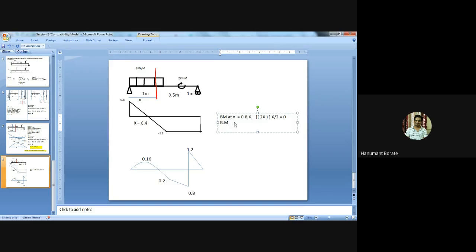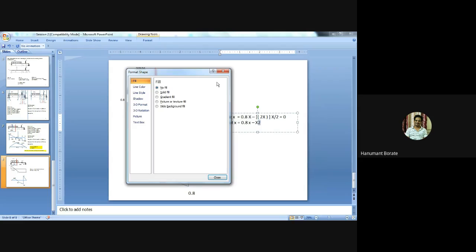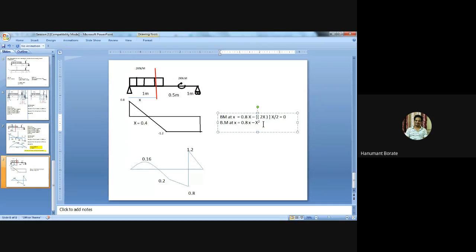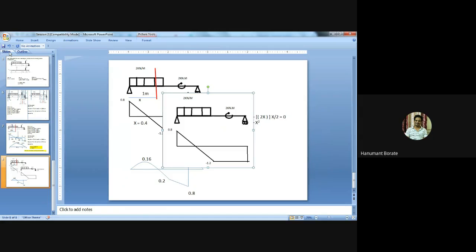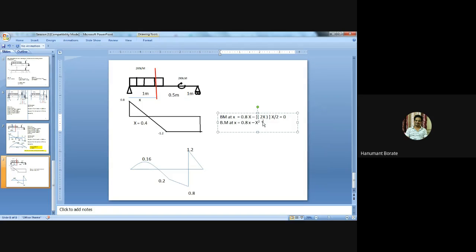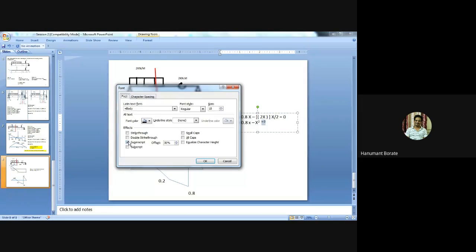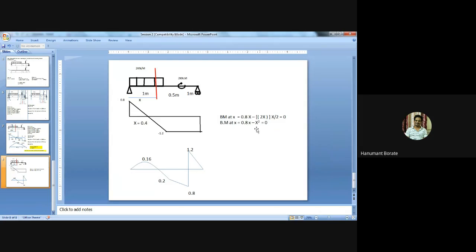So I will write here bending moment at x equal to 0.8x minus 2x into x by 2, which means we'll get x square, equal to 0. Now we can solve this equation.